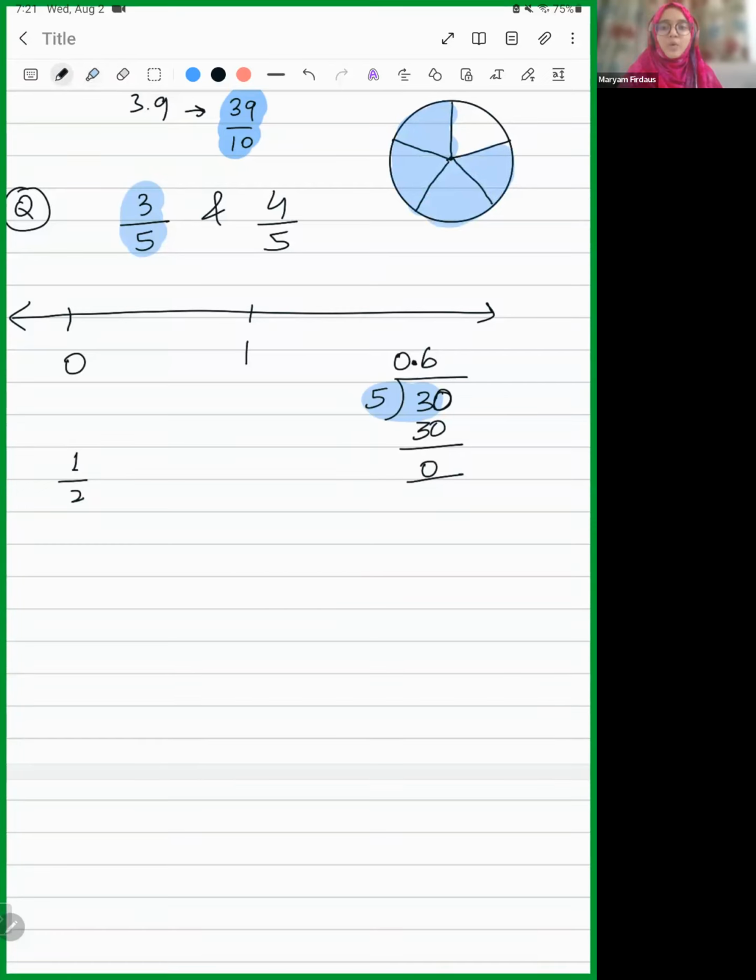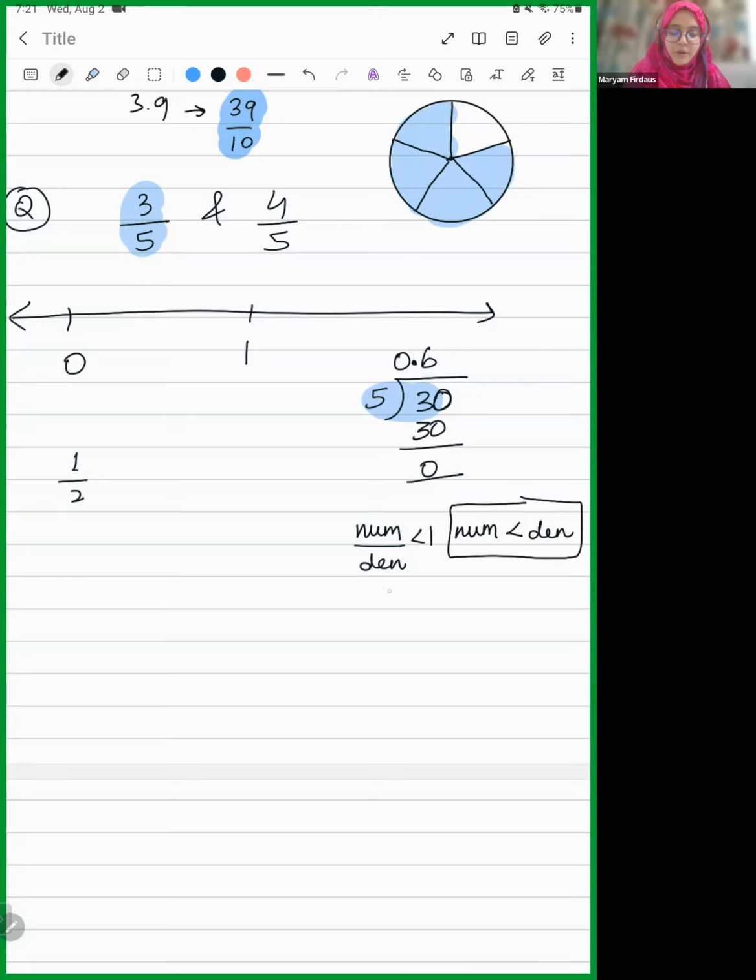So this is what 4 by 5 means. The second thing, if someone asks you where it lies: whenever you have a fraction, numerator by denominator, if the numerator is less than the denominator, then the whole fraction is less than 1.